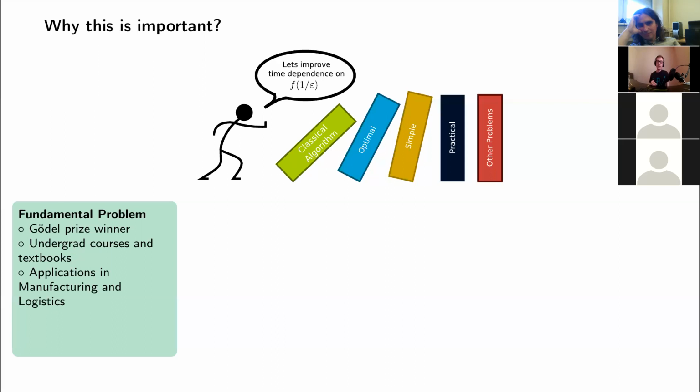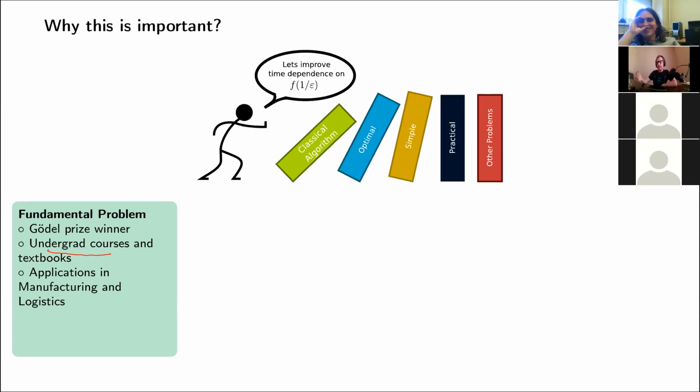And also the Arora and Mitchell algorithms are the basis of several undergrad courses. I believe that everyone here saw what the Arora algorithm looks like. So it's a very natural question whether we can actually get something better out of this well-known algorithm. And it also has plenty of applications in manufacturing and logistics. You can check that on Wikipedia.